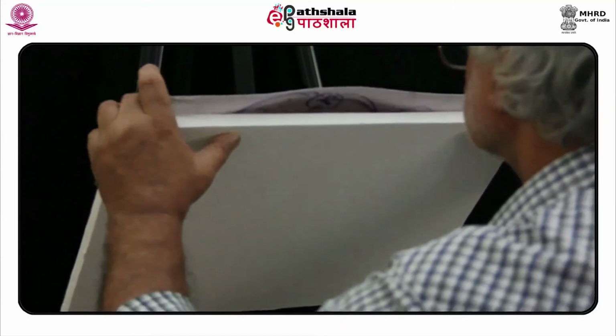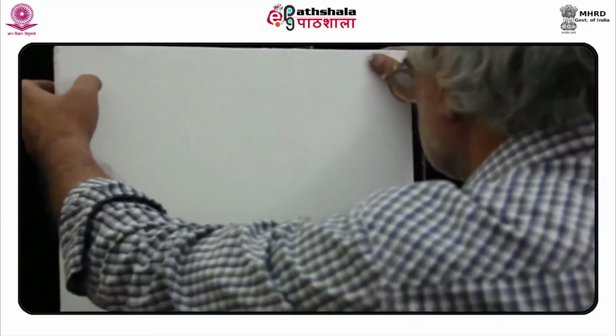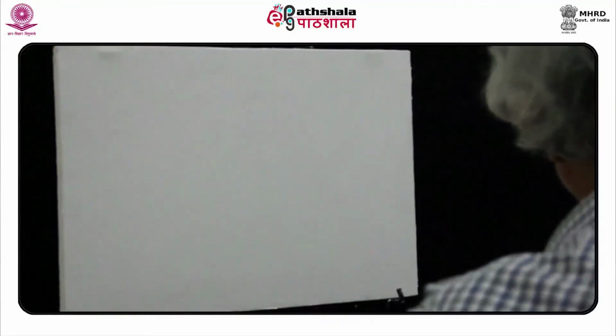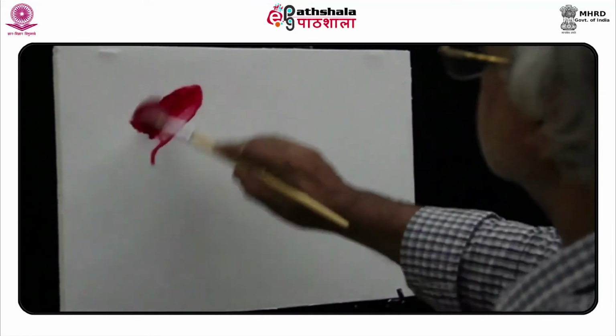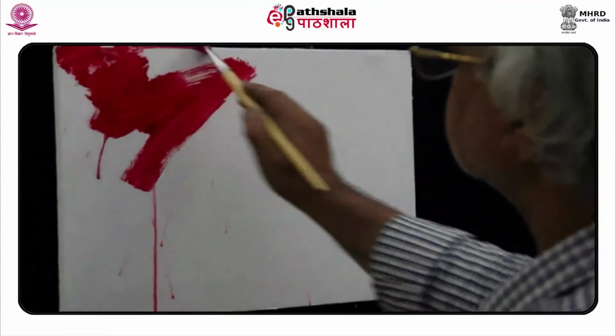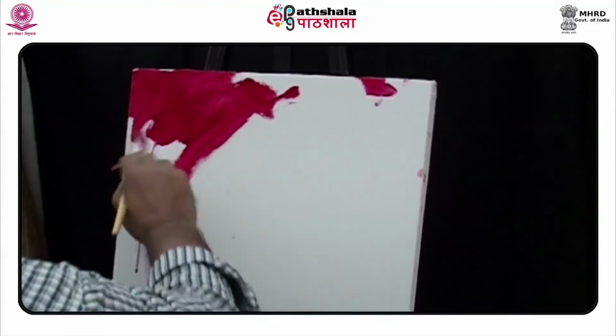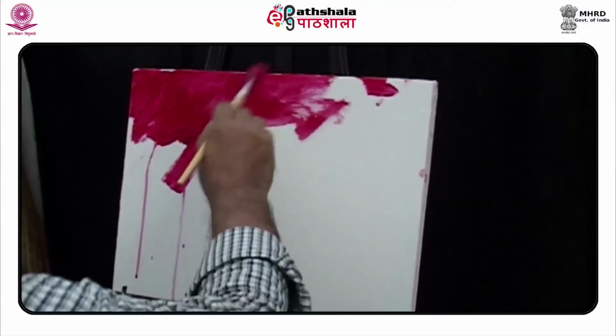Now I will be making a painting with a combination of both the colors, cool as well as warm. Let me use red color and spread it quickly on the upper half of the canvas, a warm color.